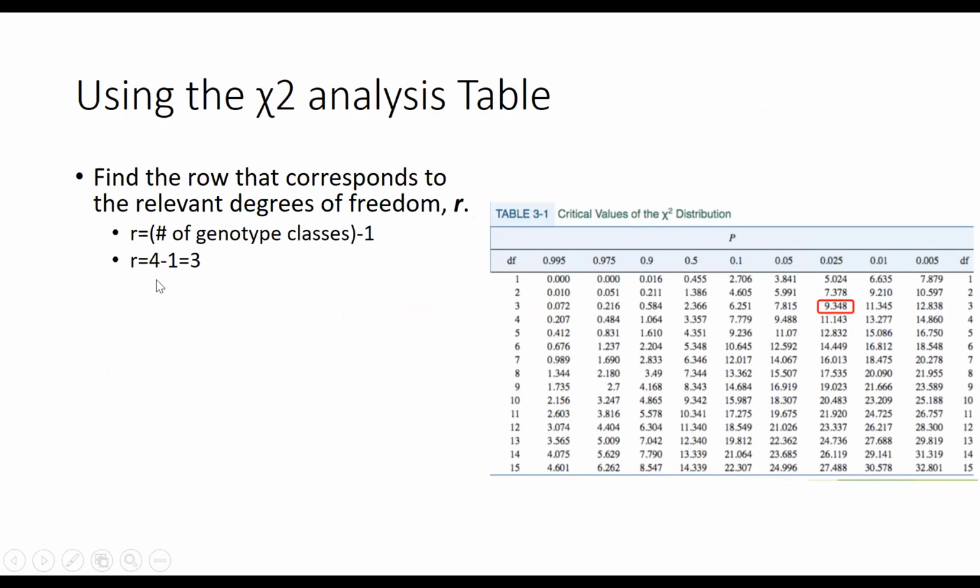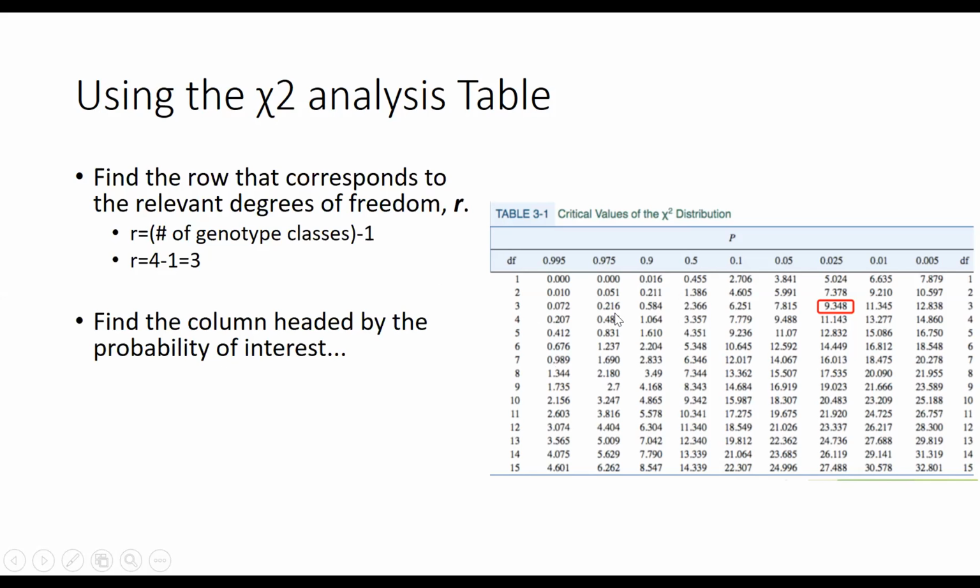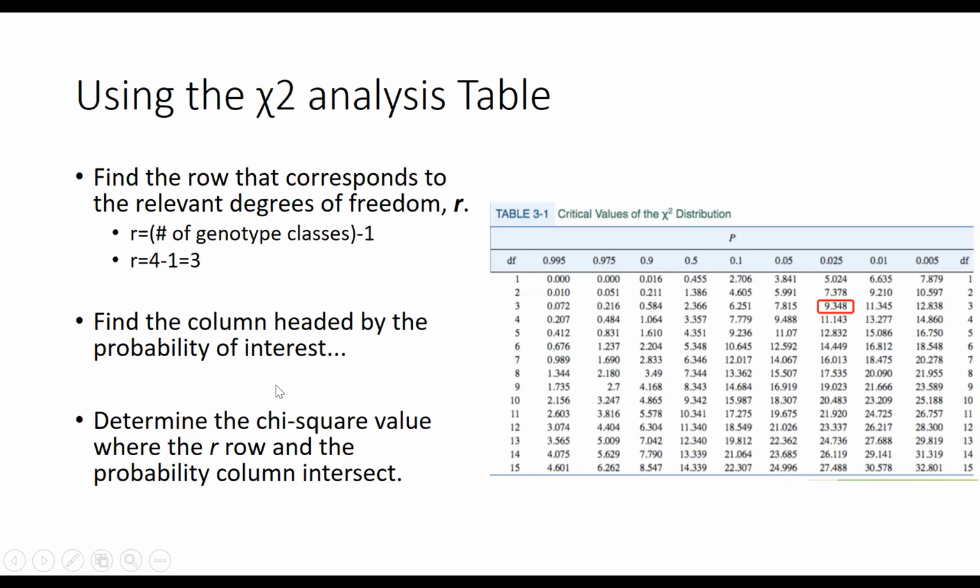In this case, we have 4 genotypes. You take away 1, you have 3, right? So the degrees of freedom here, you come to it, and then we see where the probability intersects with our chi-square value. So these are values that are related chi-square values.